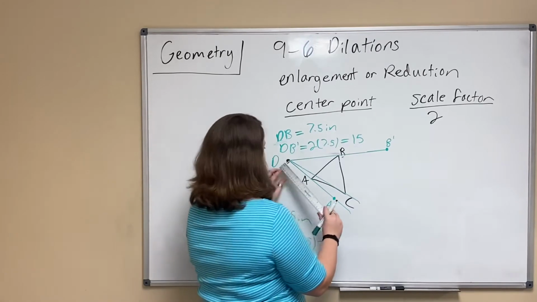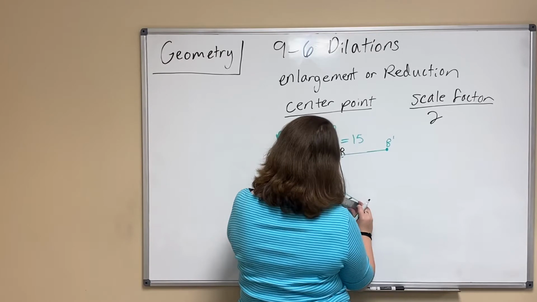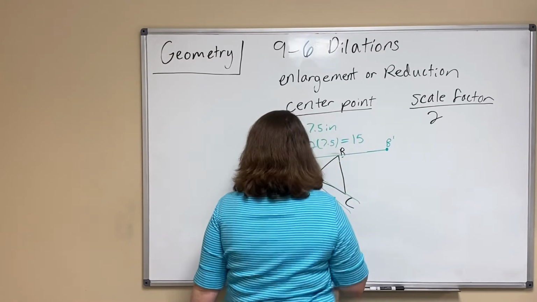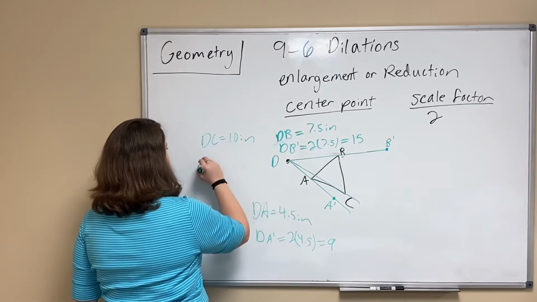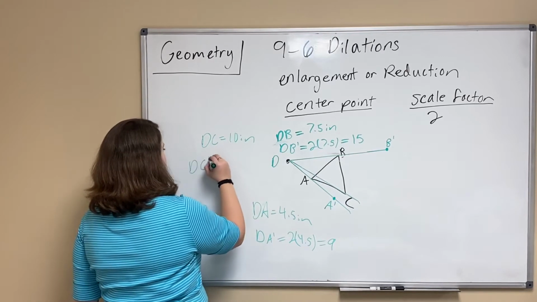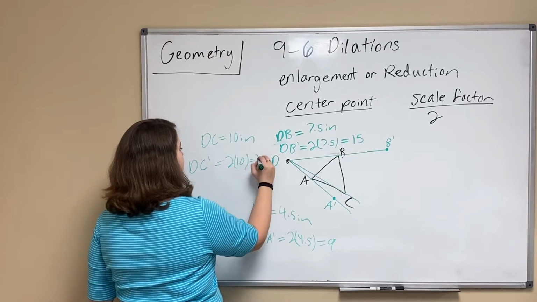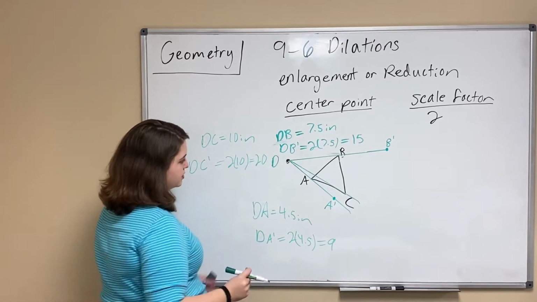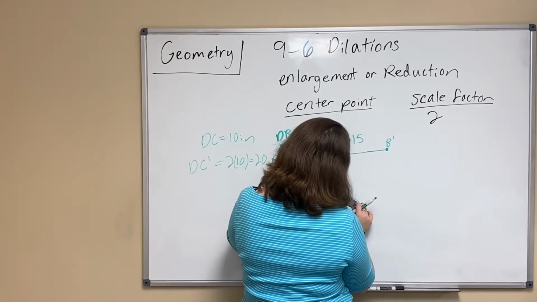I'm going to do the same thing with C. C is 10 inches, so DC equals 10 inches. DC prime will equal 2 times 10, which is 20 inches.